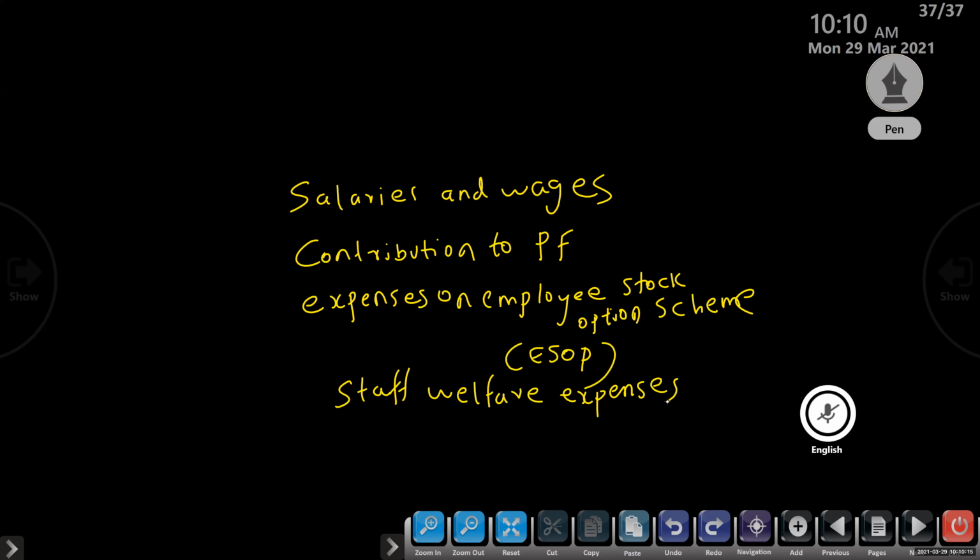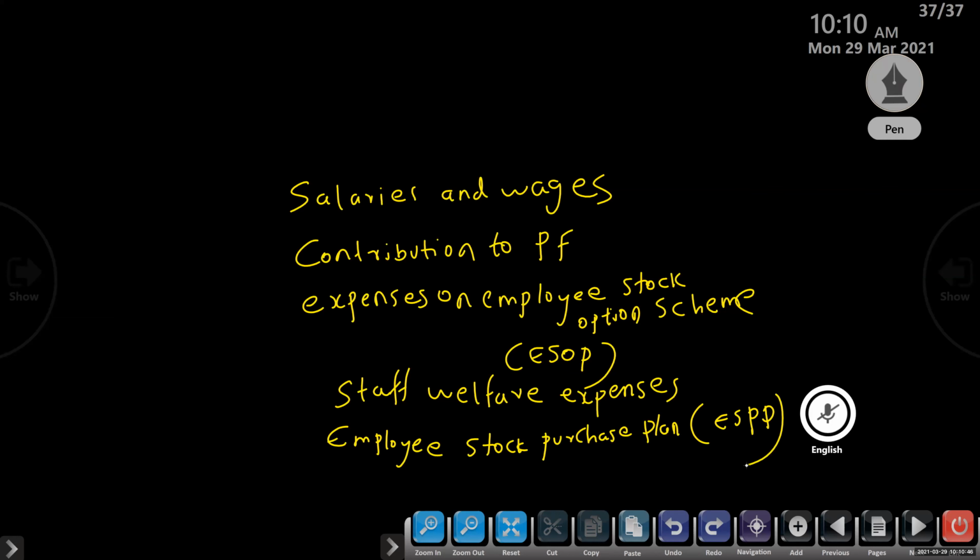Salaries and wages, contribution to PF, expenses on employee stock option scheme, ESOP, then employee stock purchase plan, ESPP.